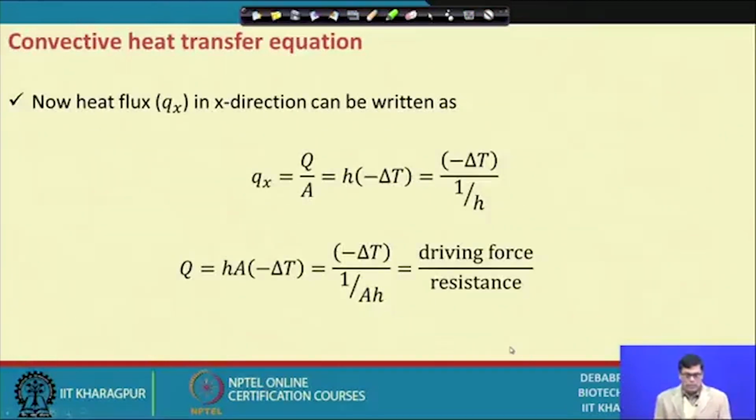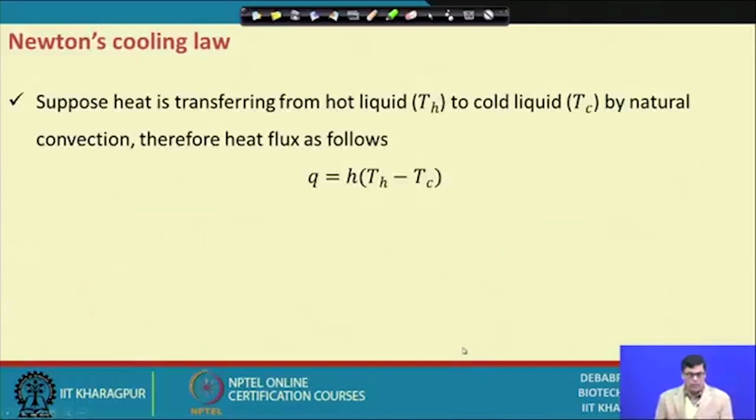Similarly, as we did in the case of conduction, we can write this in the form driving force by resistance, and this will be 1 by A h. Now, Newton's law of cooling: when the hot liquid temperature is T H and the cool liquid is T C, the natural convection heat flux equals h A (T H minus T C).